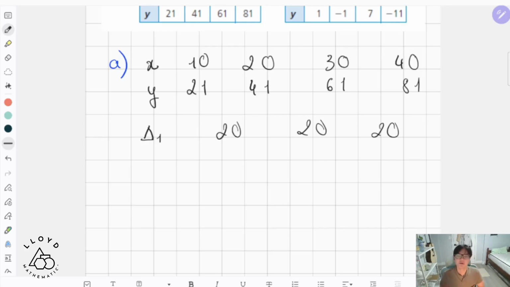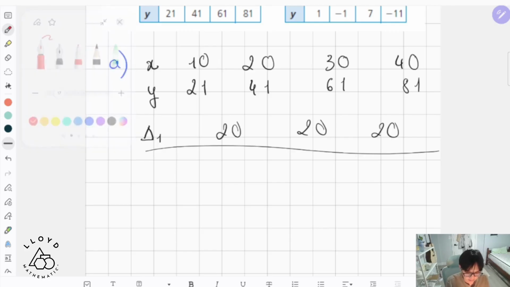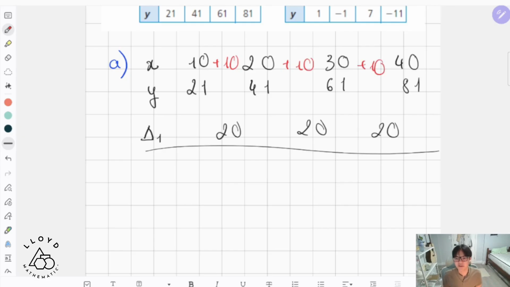And here we need to check, we already see the first differences are the same. And the second thing we need to check is whether their x values change by equal intervals. So this one we can easily see. Okay, so 10 plus 10 is equal to 20, and 20 plus 10 is equal to 30, and 30 plus 10 is equal to 40.